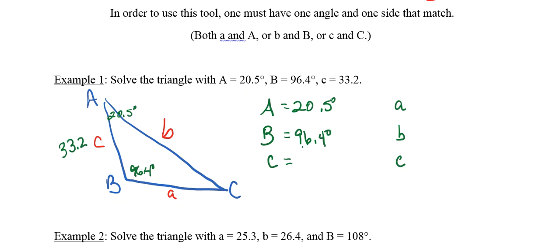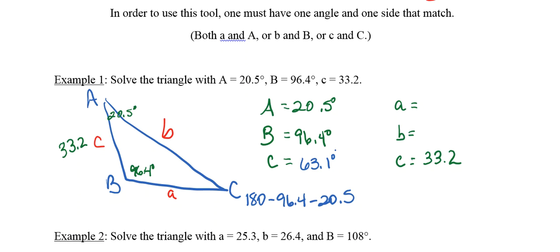I'm going to find C. I'm going to find side A, side B, side C is 33.2. So to go ahead and find angle C, we're going to go 180 minus 96.4 minus 20.5. So we get an angle of 63.1.